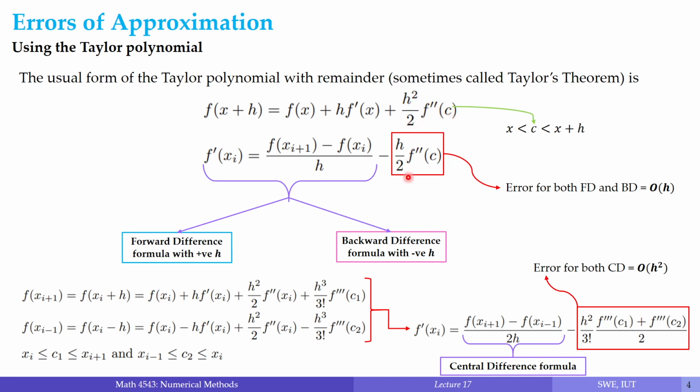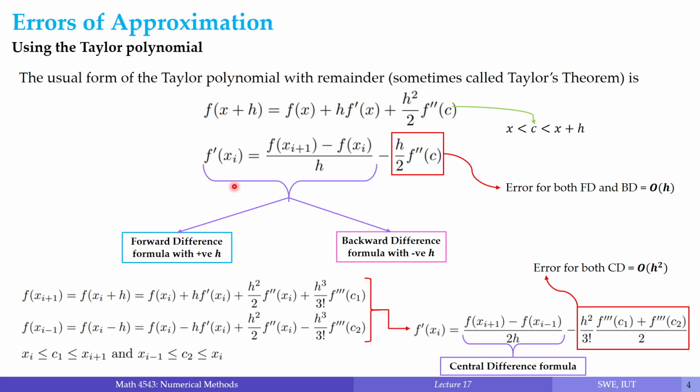So this h squared divided by the h that we're getting at the denominator will give me h by 2 times f double prime of the point c. And of course c is between x and x plus h. And why did this thing become minus? Because we are taking everything to the other side, so this plus will become minus, right?